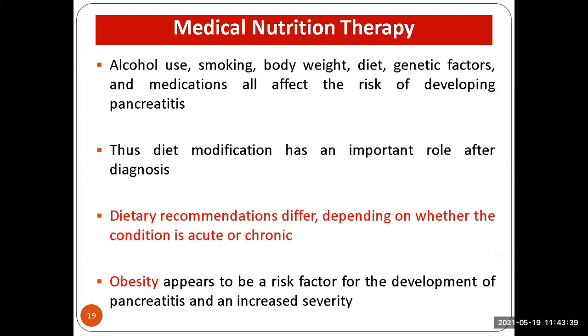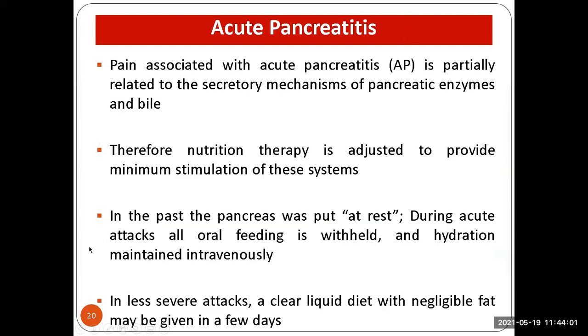Thus, diet modification has an important role after diagnosis. Dietary recommendations differ depending on whether the condition is acute or chronic. Obesity appears to be a risk factor for the development of pancreatitis and an increased severity. So in this case, maybe the initial goal will be to reduce the weight of the individual.